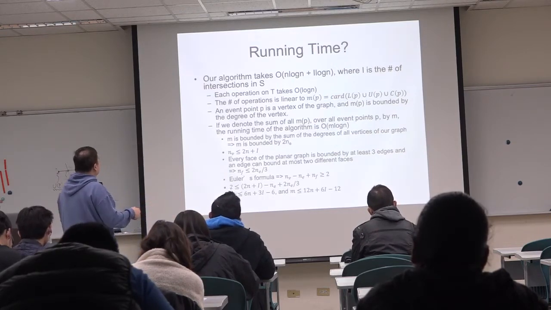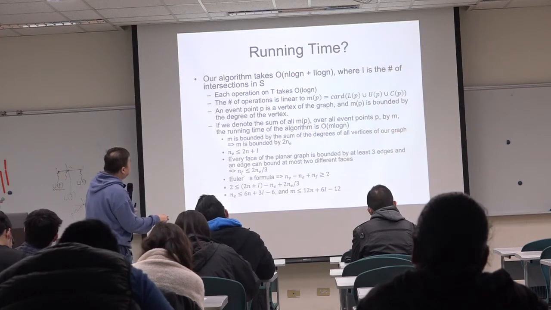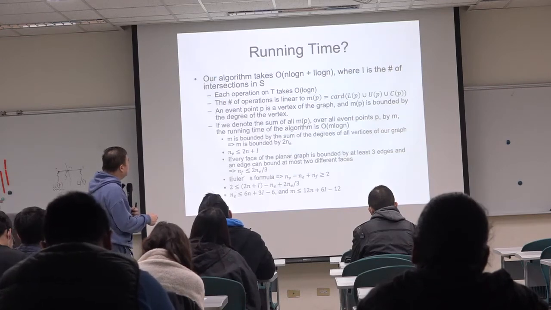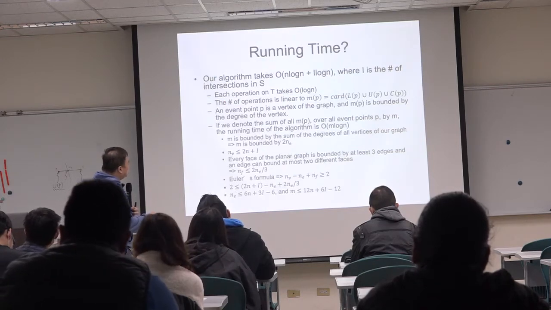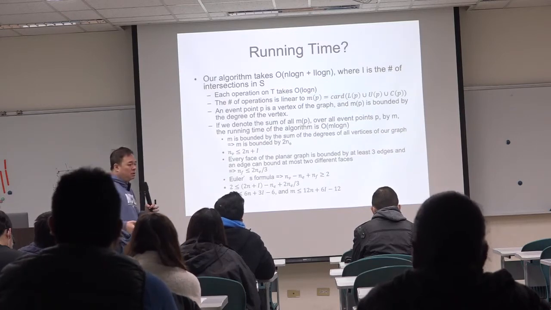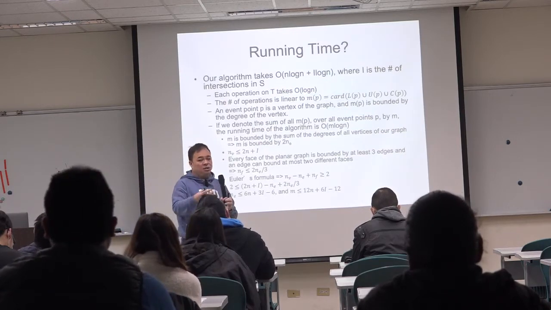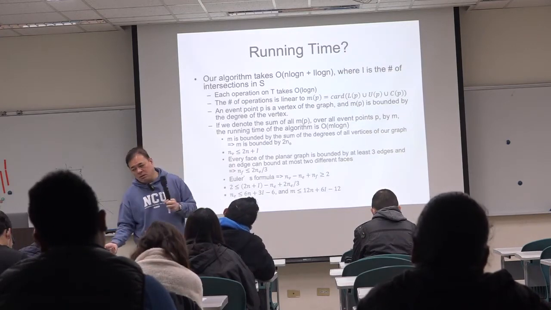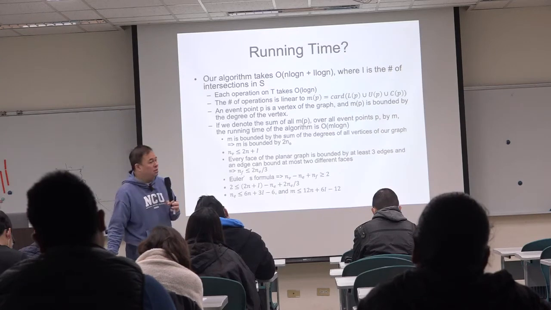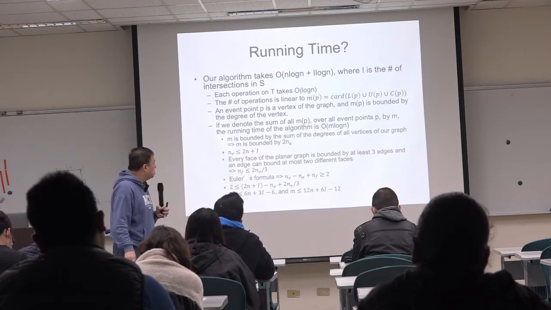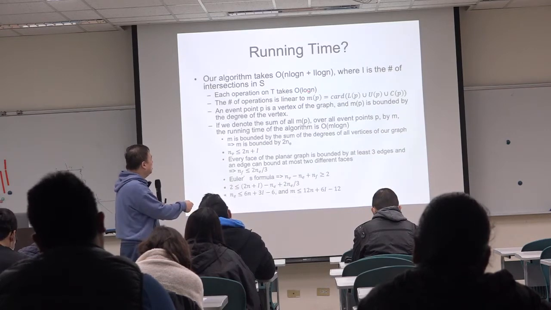Now let's prove that this is the complexity of the algorithm. Each operation on our status tree takes big O of log n, because there are only insertions and deletions.